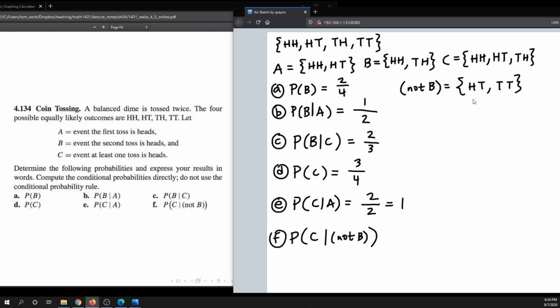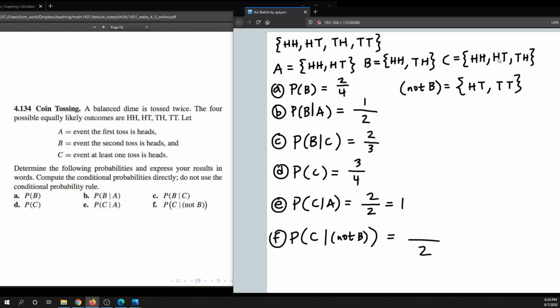All right. So there's not B listed out, and that's going to help us calculate this probability that we want down there. This is a conditional probability, and not B is our sample space. So we know there are 2 elements in our sample space. And then the top number would be the number of elements that are in C that are also in not B. So heads, heads, is that in here?